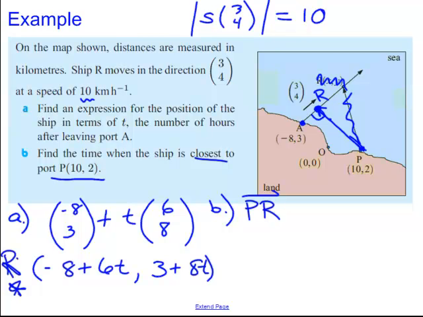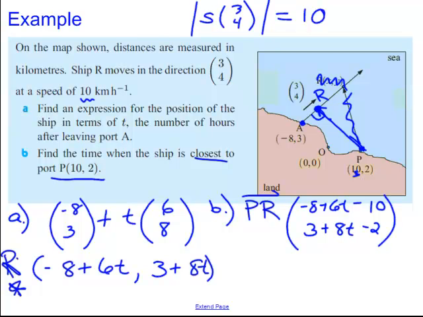I need it to be the closest. So if I need to find vector PR, I need to take my R value, which is -8 plus 6t, and subtract the P value, which is 10. And then I have to take my y value of it, which is 3 plus 8t, and subtract 2.